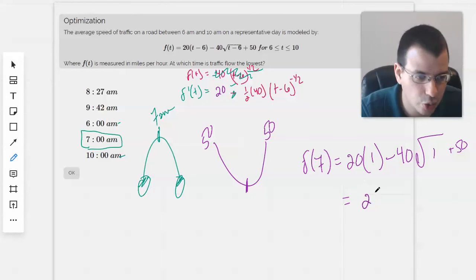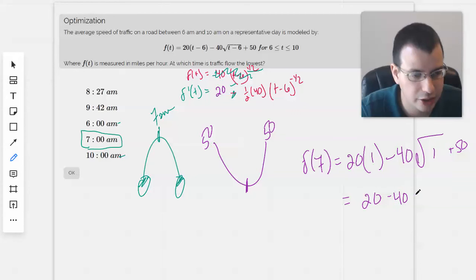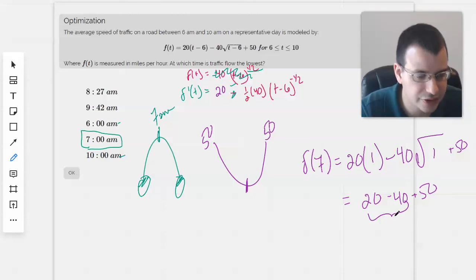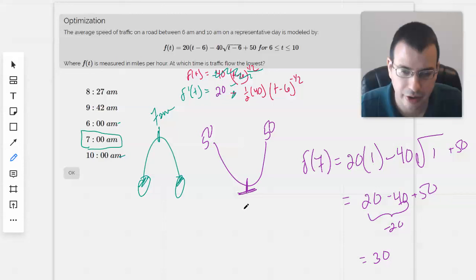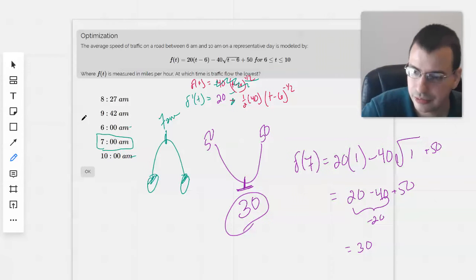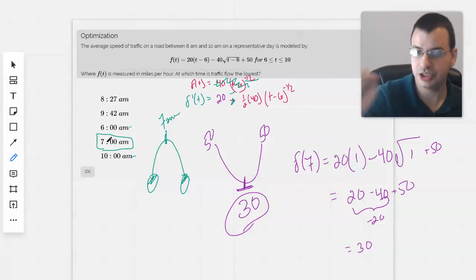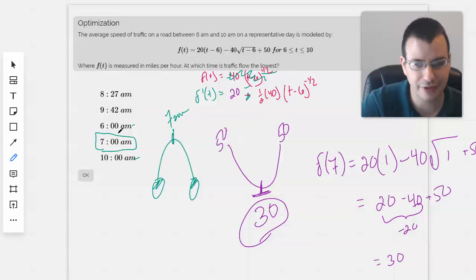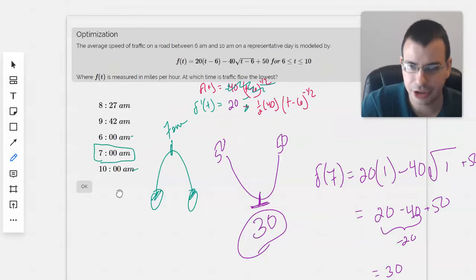This gives us 20 minus 40 plus 50, which is minus 20, which gives us 30. Aha! So 30 miles per hour is the slowest that things go, which happens at 7 a.m., our lowest traffic flow. And that's how I would approach this problem.